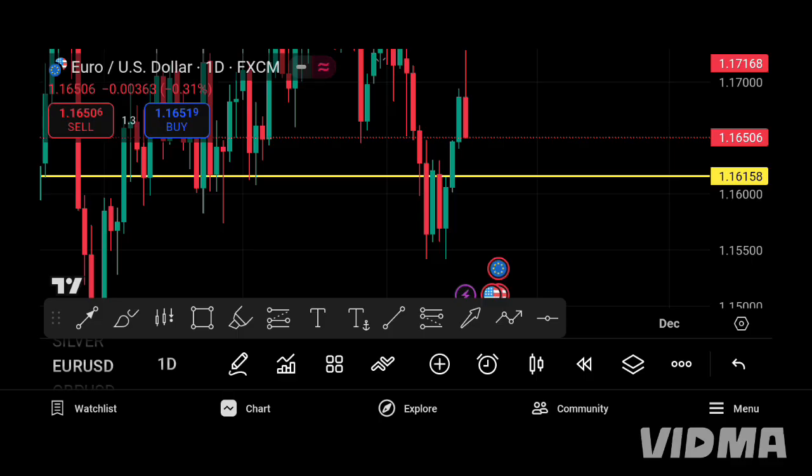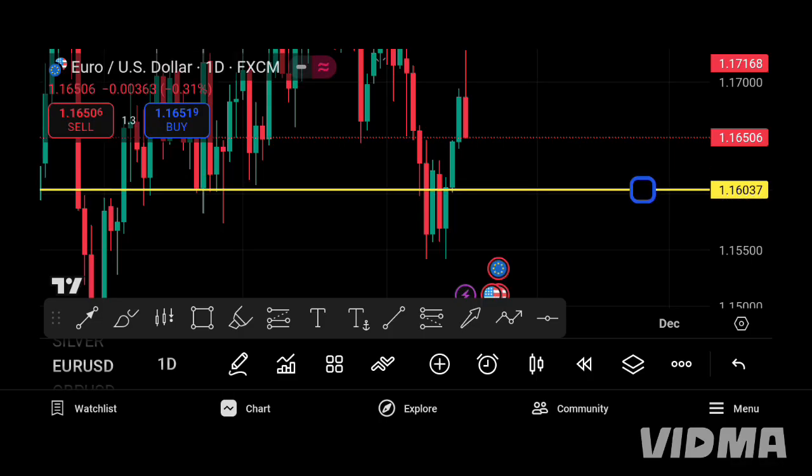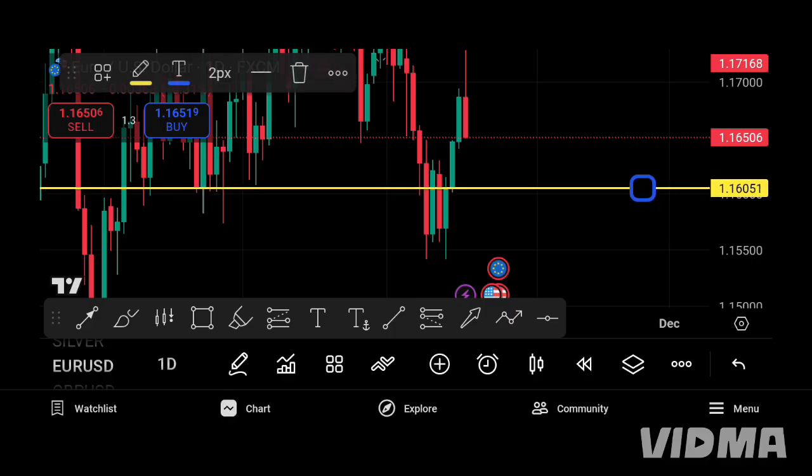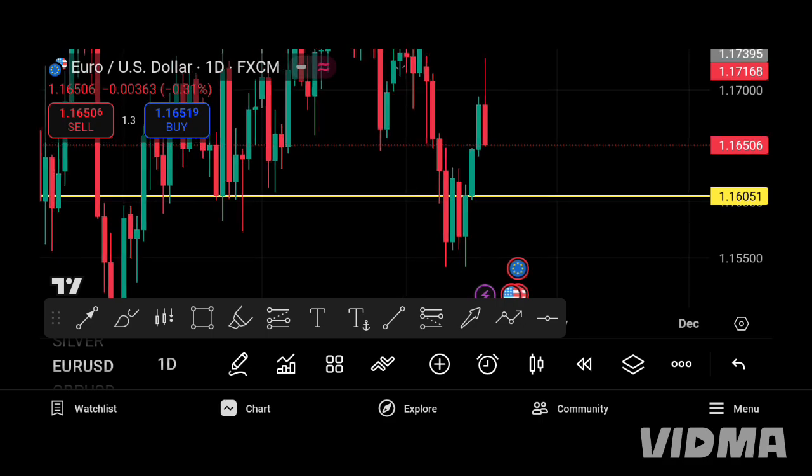So after that marking, we can extend our line here, also at the open of Tuesday. I think this is Tuesday, because if you count these candles 1, 2, 3, 4, 5, yeah, that is Tuesday. That's when the market started going up.